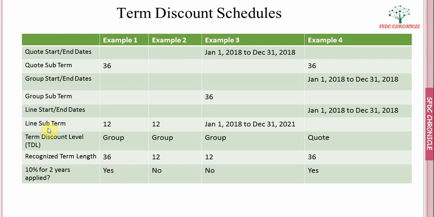Now, the line subscription term is defined as 12, but the TDL is defined as group. But as there is no term defined at the upper level, the discount will not get applied. Now, in the case of this example 3, you see in the quote level it is 2018 to 31st December, so it's only 12 months, that is 1 year.